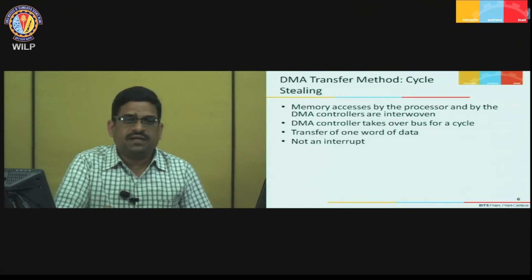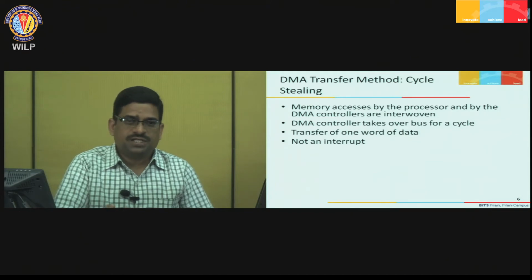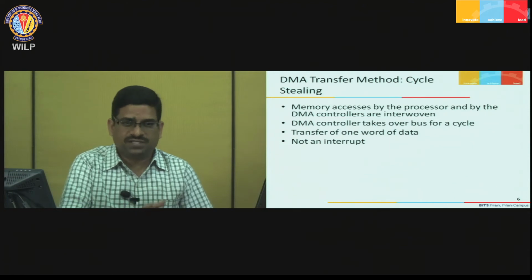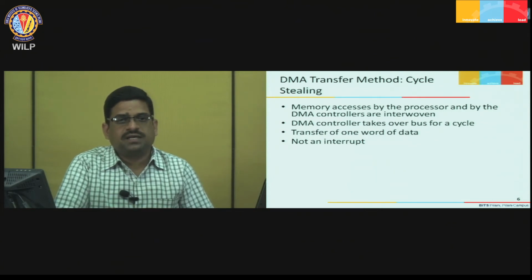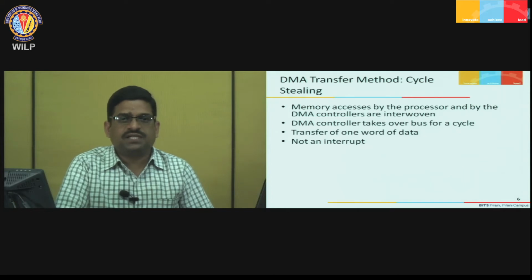That is where DMA activity is different from interrupt driven IO. In interrupt driven IO there is context switching: the processor is switching from one task to another. One task it was doing earlier is normal processing, and once the interrupt is generated by the device, it jumps to the interrupt handler program. Here context switching is not required, so that overhead is not there.